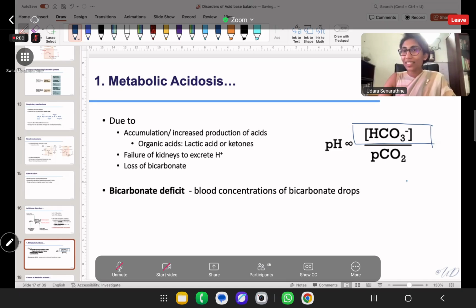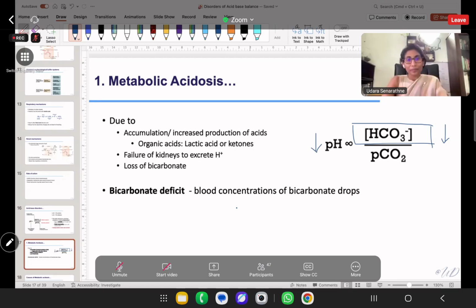Bicarbonate is a base itself. So bicarbonate level would be falling, right? Bicarbonate level would be falling in metabolic acidosis. So pH would be falling because it is directly proportional. So your pH would be low.